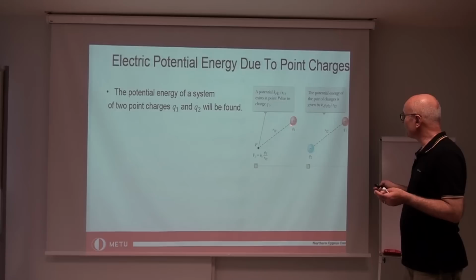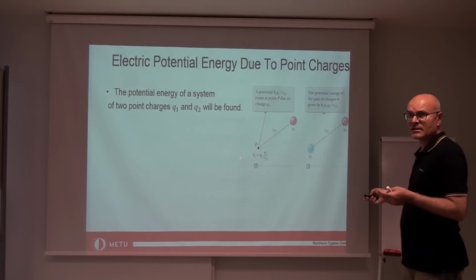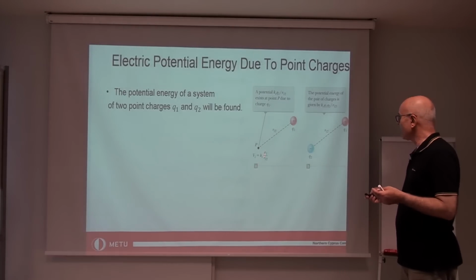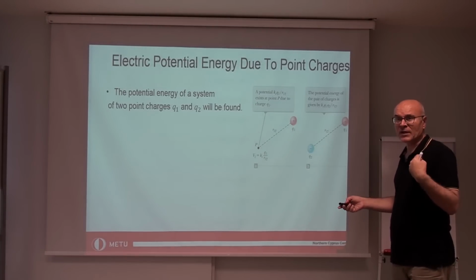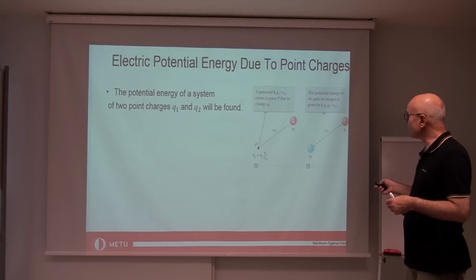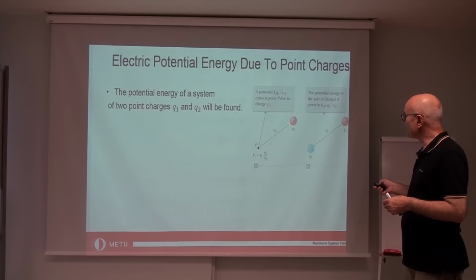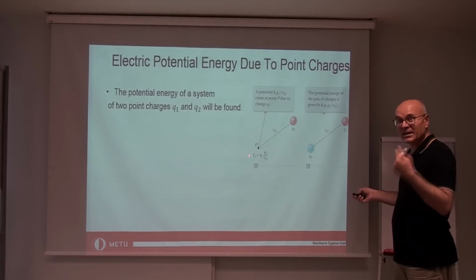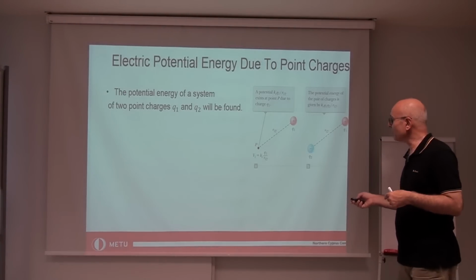The potential of Q1 at P is kQ1 over R12, just what we have learned. R12 is the distance from this point to this point P, and the 2 is because we are going to bring charge Q2 and put it here.